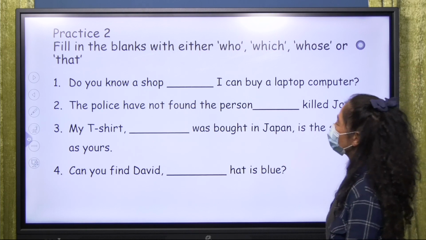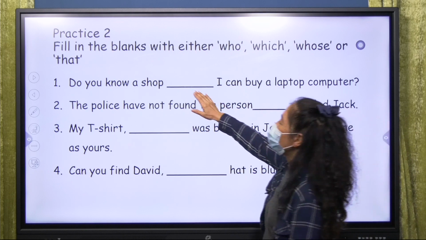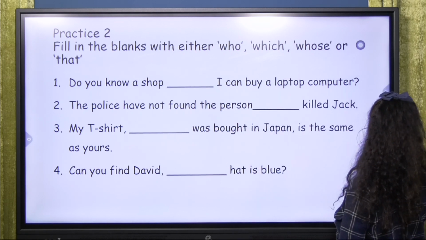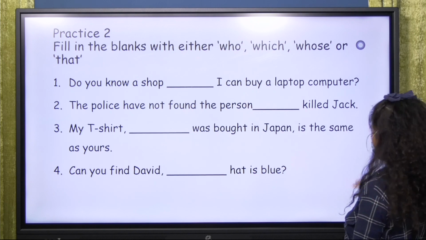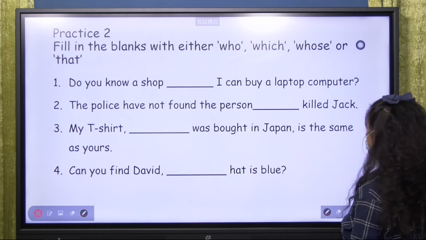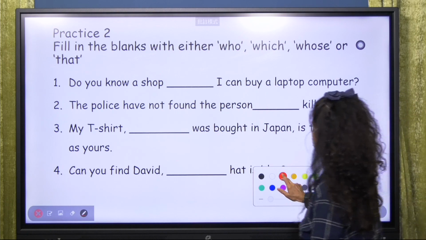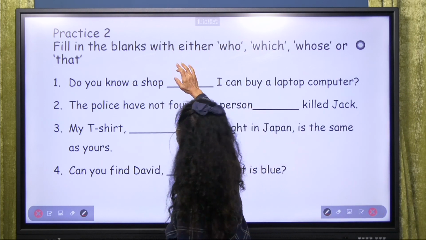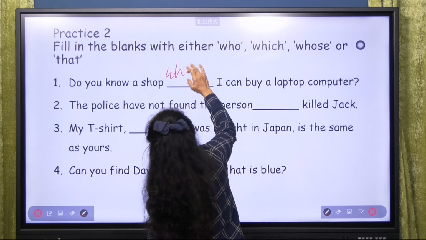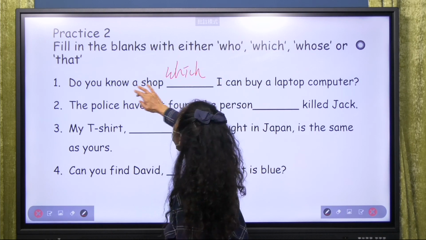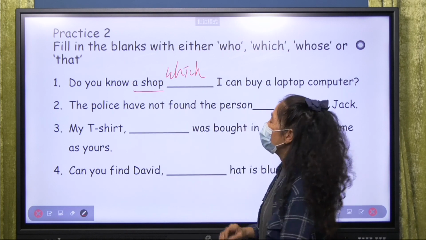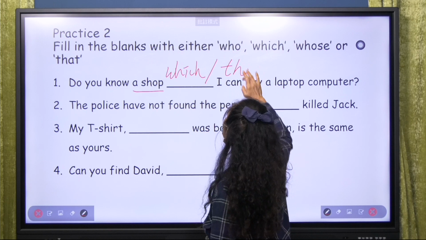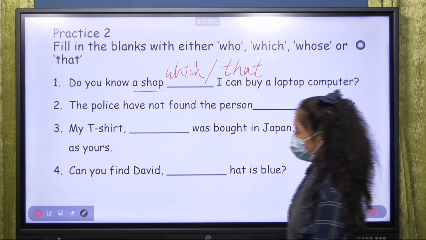Is this defining or non-defining? This is defining, so which, because it refers to the shop, something. Since this is defining, if you put that, it is correct as well.